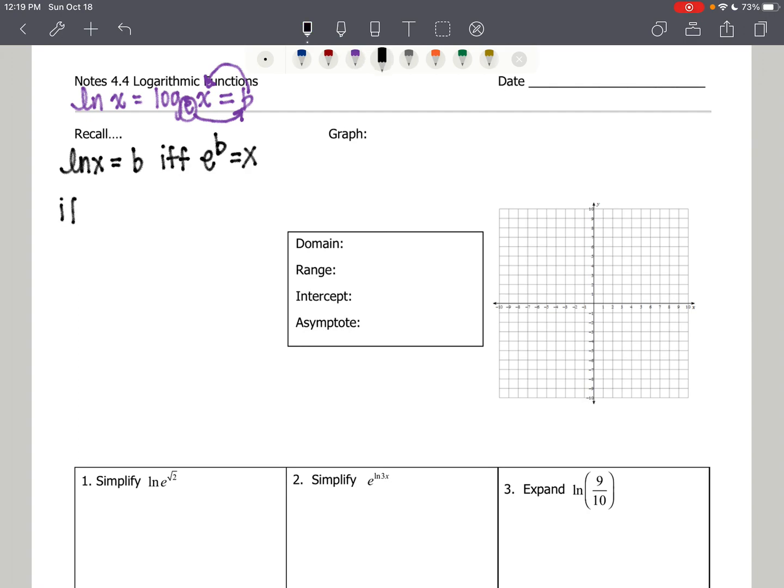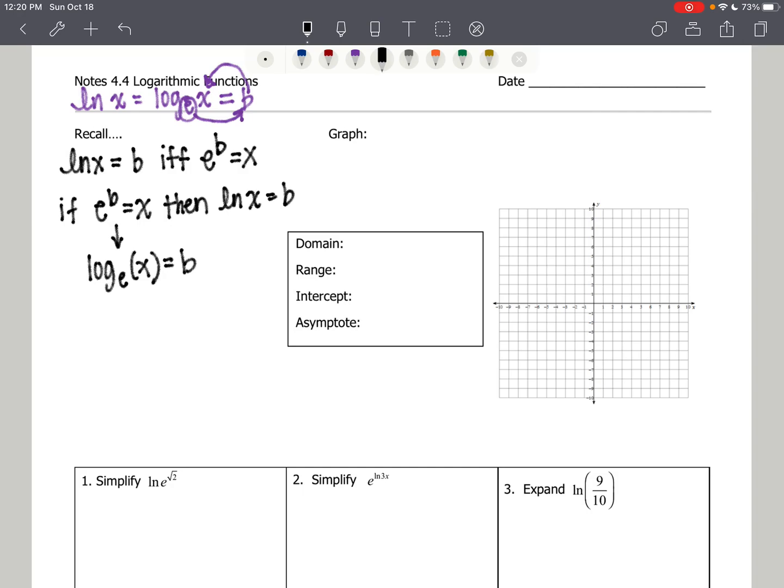Now another thing is if e to the b equals x, we can write this as the natural log of x equals b, and that's because we would have log base e of x equals the exponent b.